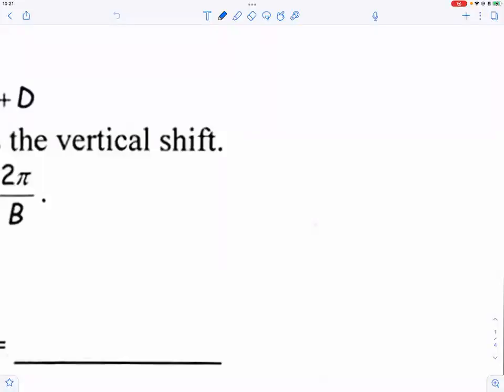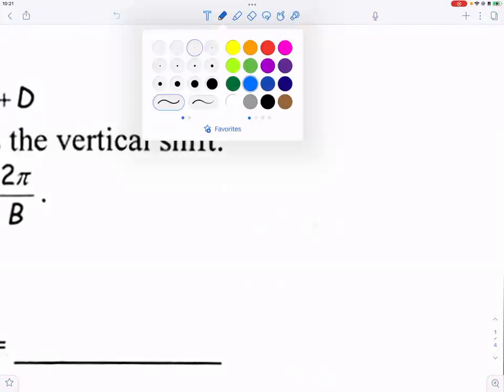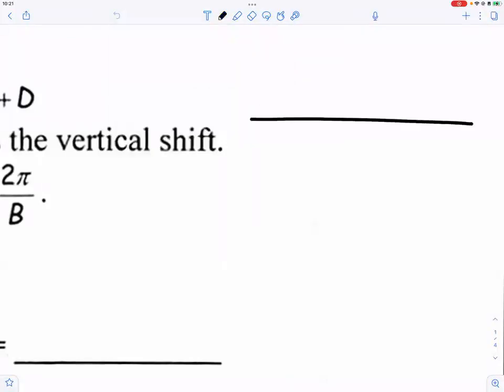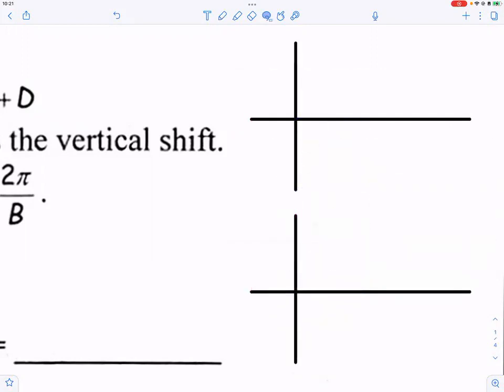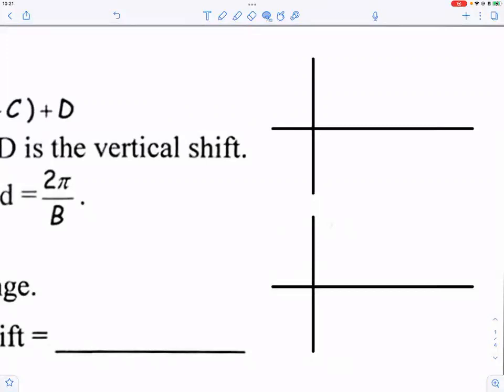Okay, at the top corner of your page, go ahead and sketch your sine x and cosine x graph. For today's sketch, I want you to increase your resolution, putting a little bit more clarity into this sketch.